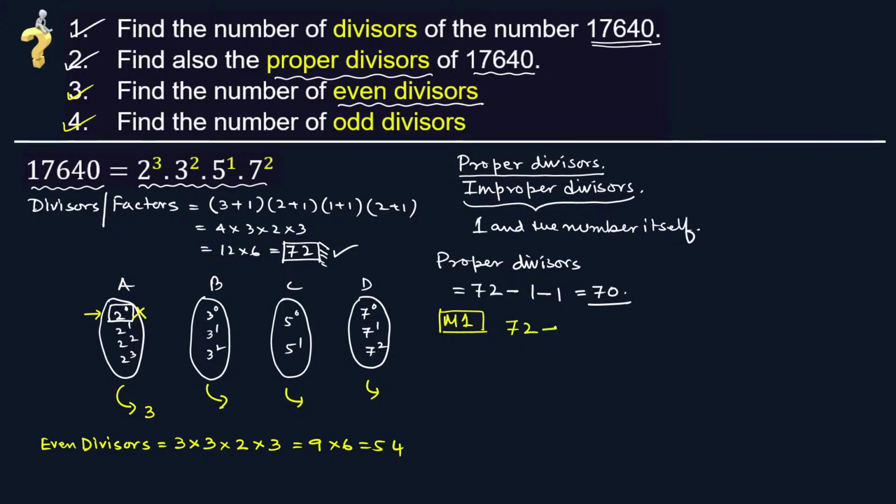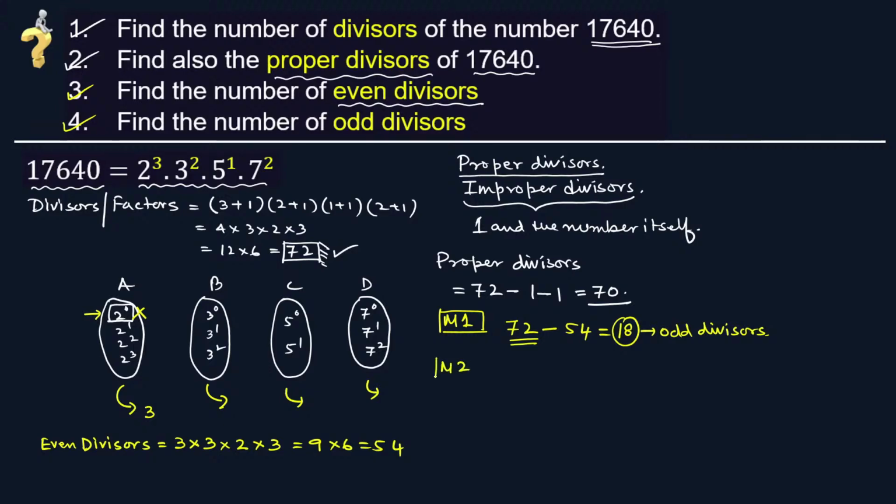And if you subtract the total number of even divisors, which is 54, we are going to have 18 divisors, and these 18 divisors are all odd divisors, right? Because from the total number of divisors, you have simply subtracted the even divisors. So you got your answer as the number of odd divisors. As simple as that. This is one way of doing it.